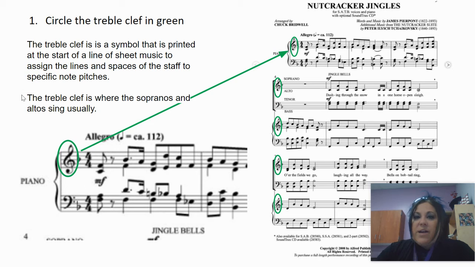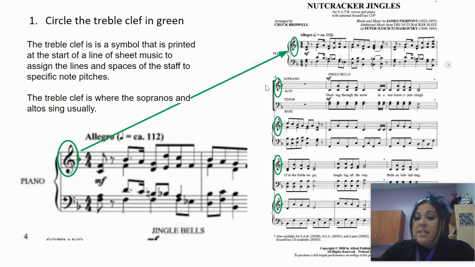All right, the next question, circle the treble clef in green. Again, you'll see I have it circled here, and then I have it made larger here so you can see it a little bit easier. You'll also see that there's a treble clef at the beginning of every line. So at the very beginning, we have just the piano playing.